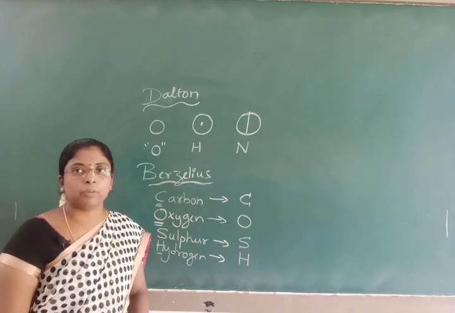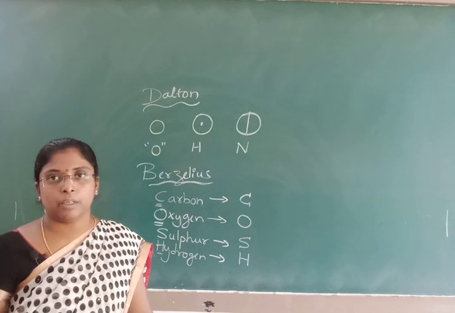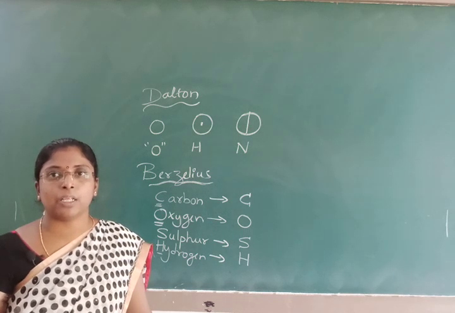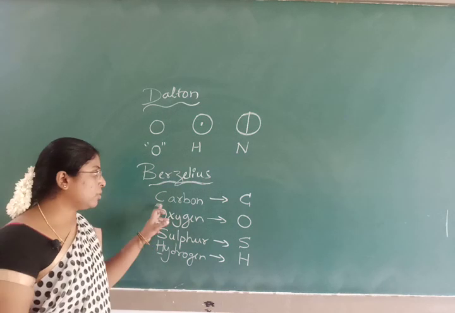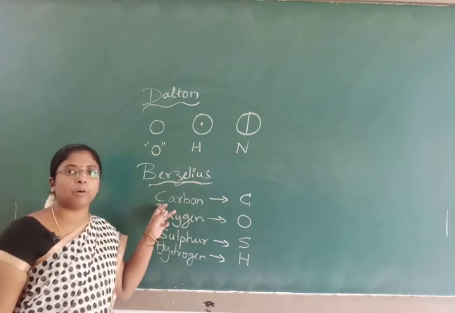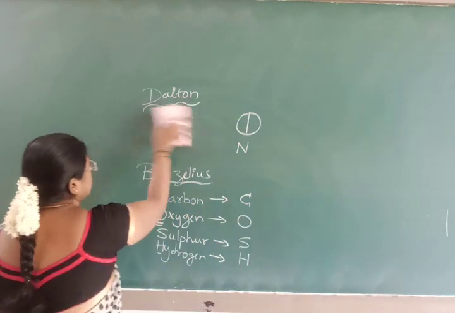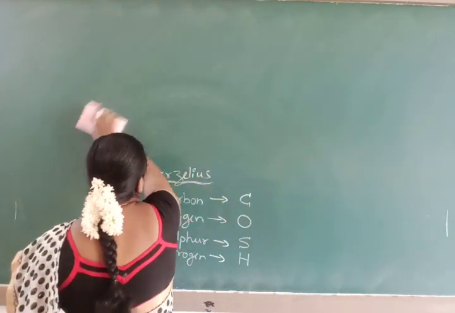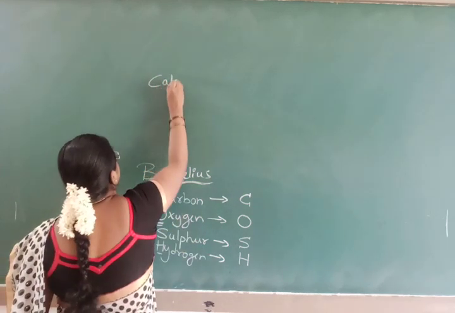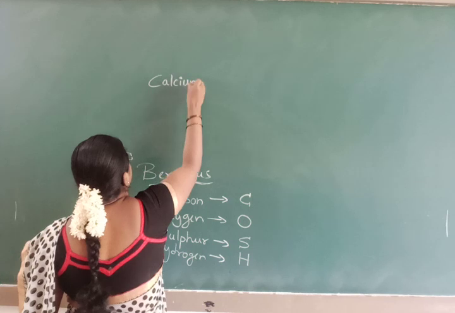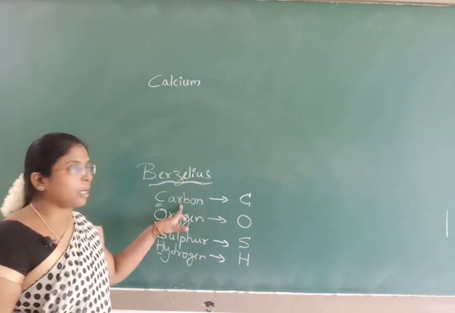Later on, he found that some elements start with the same letter. For example, calcium also starts with the letter C, and carbon also starts with C. Then how do we name such elements? He found another way. For calcium, the first letter was C, but I cannot write it as C, because it becomes carbon.